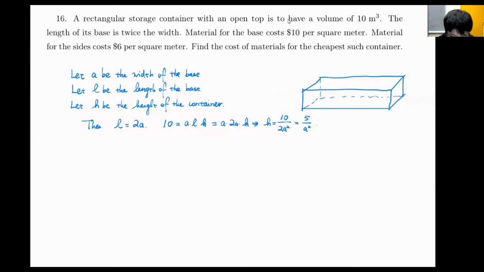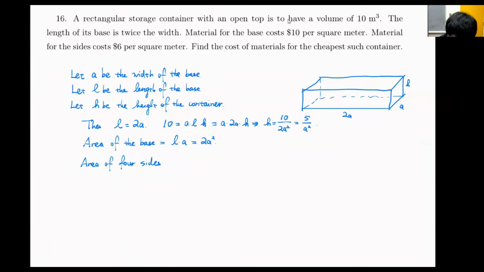Now let's compute the cost. The area of the base is the length times the width, which is 2a squared. Moreover, the area of the 4 sides: the dimensions are 2a, a, and then h.